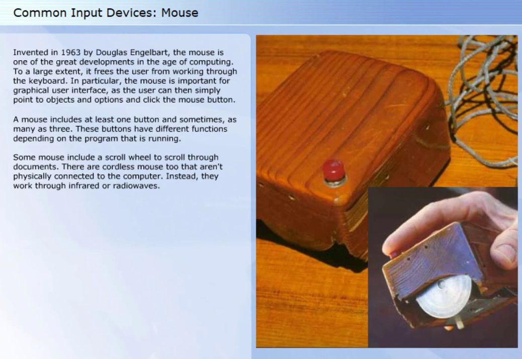These buttons have different functions depending on the program that is running. Some mice include a scroll wheel to scroll through documents. There are cordless mice too that aren't physically connected to the computer. Instead, they work through infrared or radio waves.